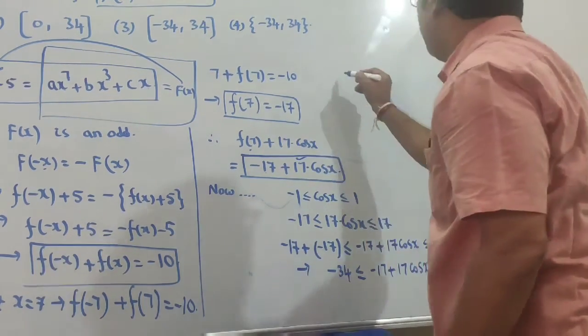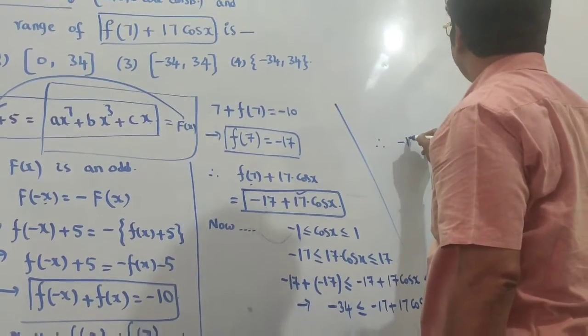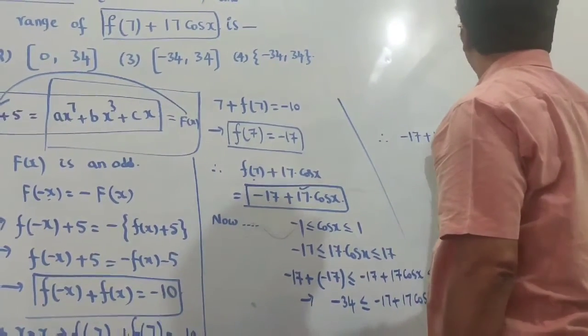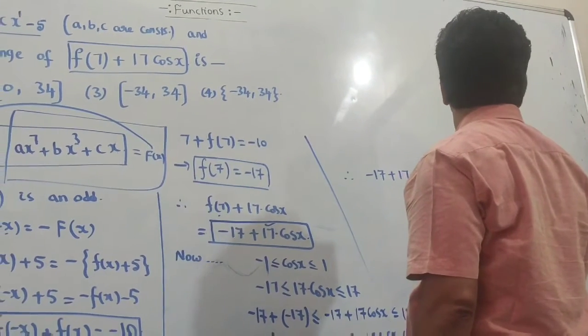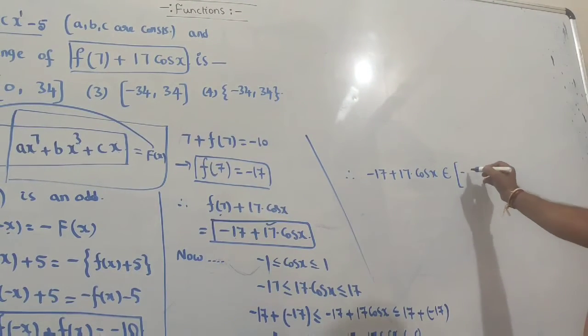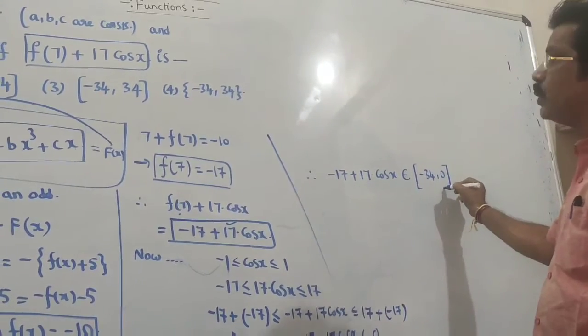So therefore minus 17 plus 17 into cos x belongs to the closed interval of minus 34 comma 0 closed.